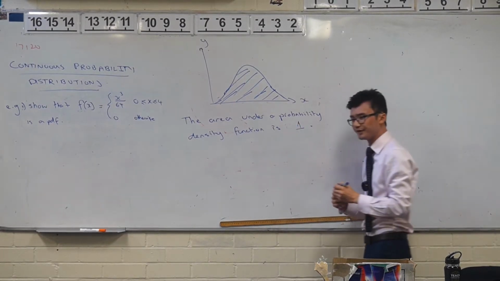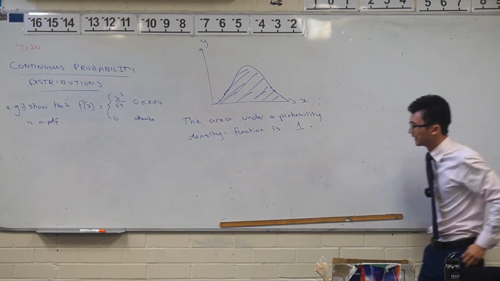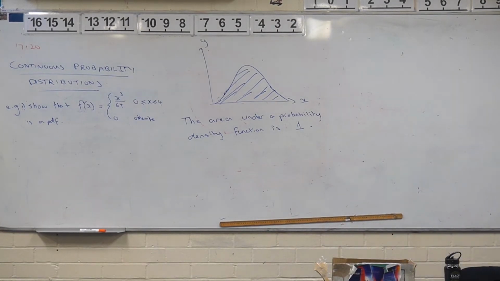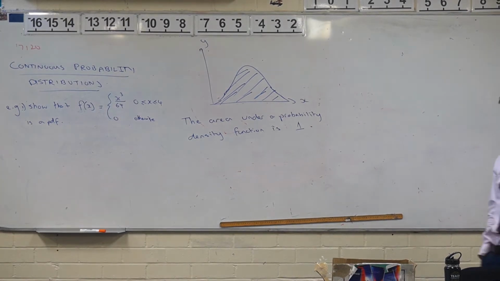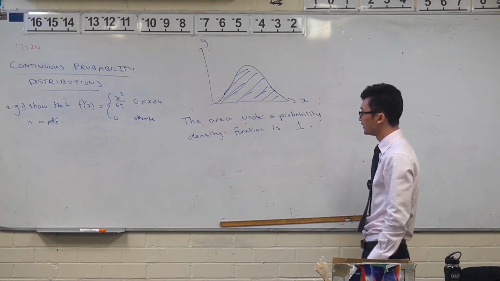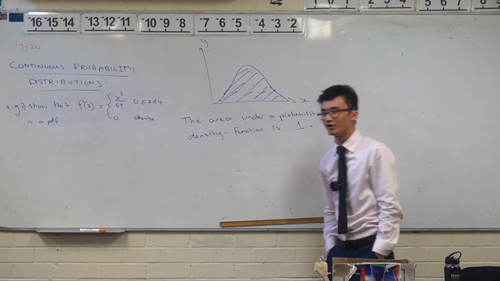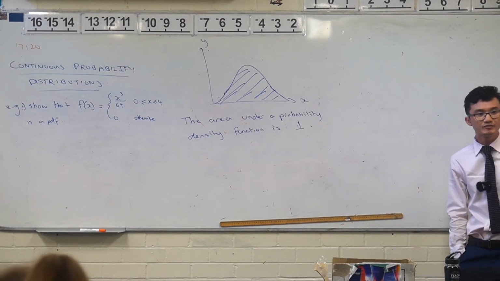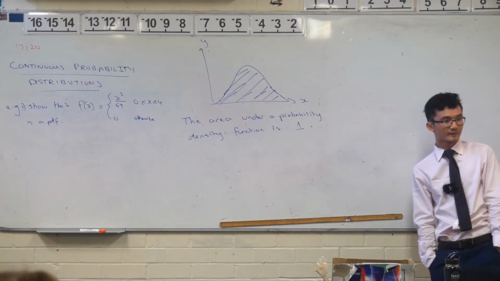But this is where I said that we need to think about the relationship between what we traditionally thought of as a separate topic, functions and calculus, and we now want to think about how this relates to this concept of a probability density function. So areas under a curve, when did we study that? What do we call that?